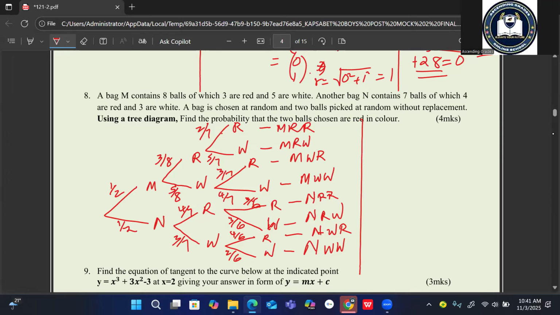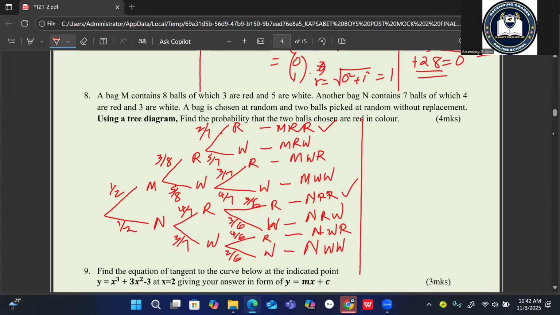So we were told to find the probability that the 2 balls chosen are red in color. So the 2 red ones, either he has to choose from bag M, so that is it, or he chooses from bag N, and this is it. That is red, red.